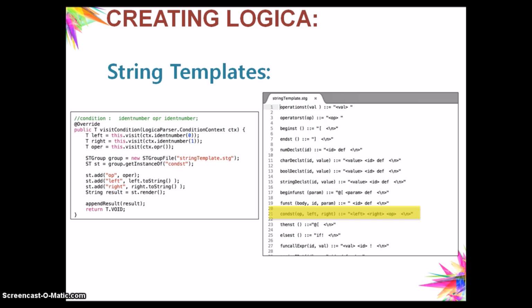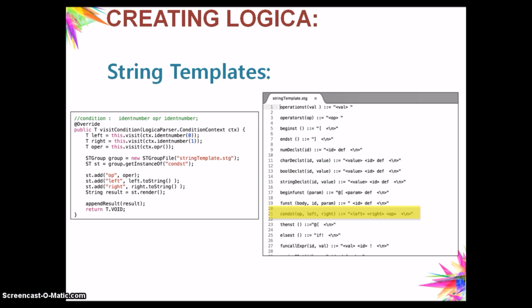For example, in this slide we have explained how to convert the condition part of our if-else statement into the intermediate file. First, a condition statement expects three different parameters or attributes, which are the left, the right, and the operand, which is defined. And then we create a .stg file and then an ST, which gets the instance of the condition, which is nothing but the condition statement in our intermediate file.